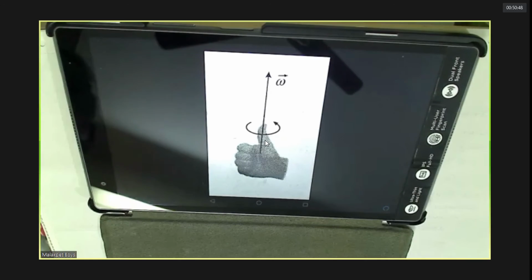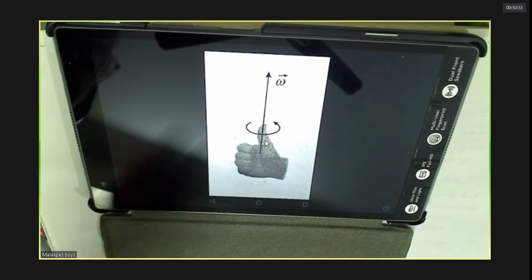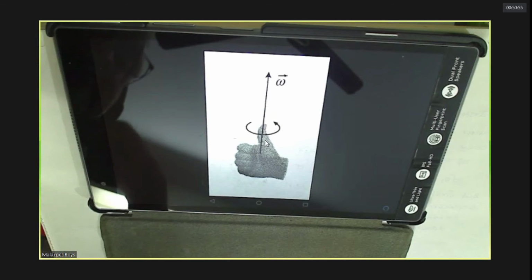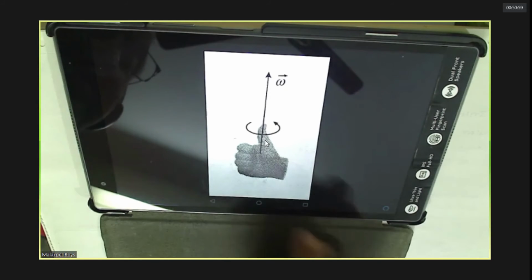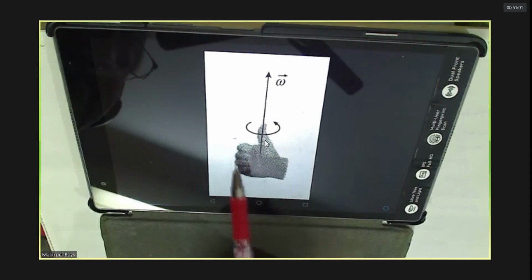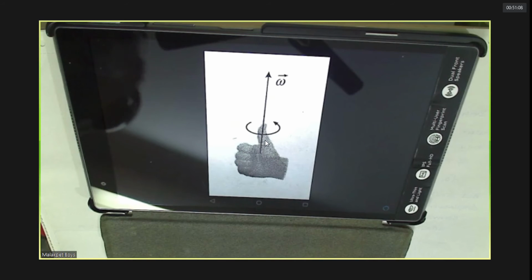Note on this. This is right hand. Omega direction is nothing but direction of angular displacement only, no? You curl the fingers of the right hand in the direction of rotation. The 4 fingers of the right hand are curled in the direction of rotation. The thumb is in which direction? In the direction of omega. Understood this?